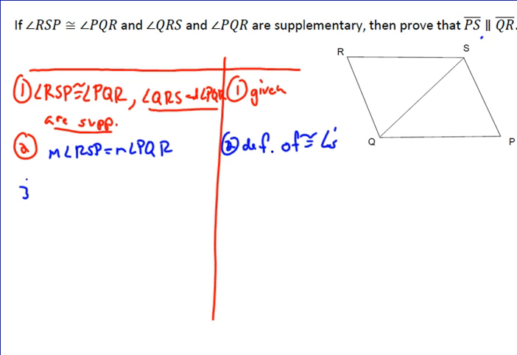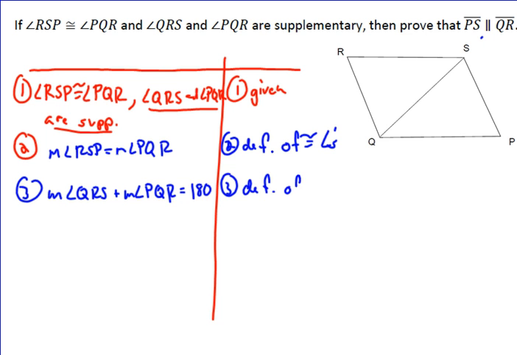And also from our given, we know that measure of angle QRS plus measure of angle PQR equals 180. And the key thing to notice there is that both of those statements include PQR, so a substitution seems like it would make a lot of sense. And by the way, this was definition of supplementary angles.